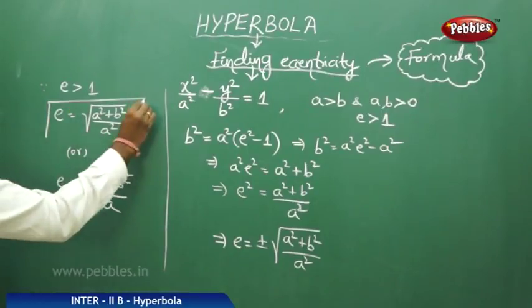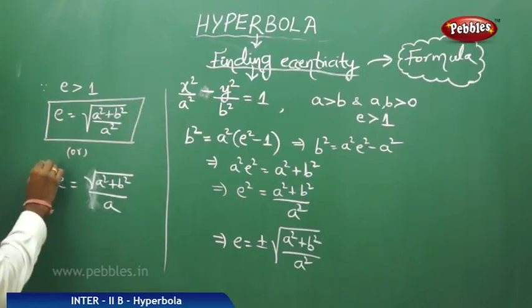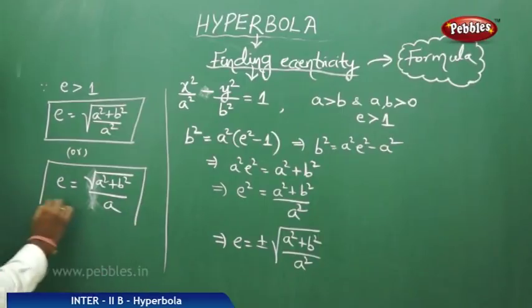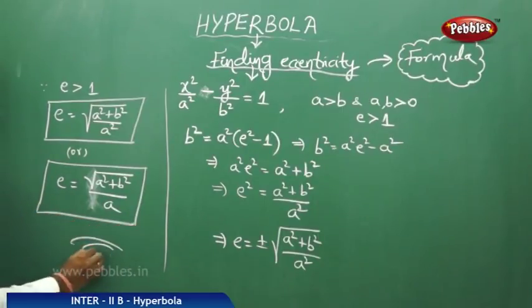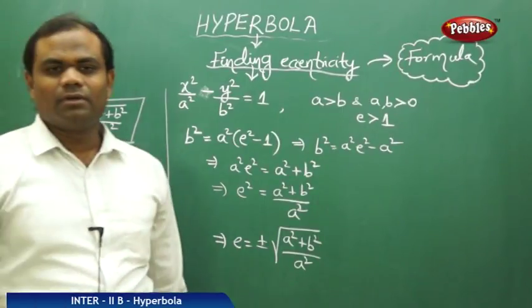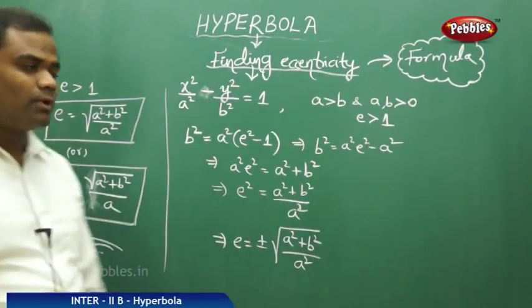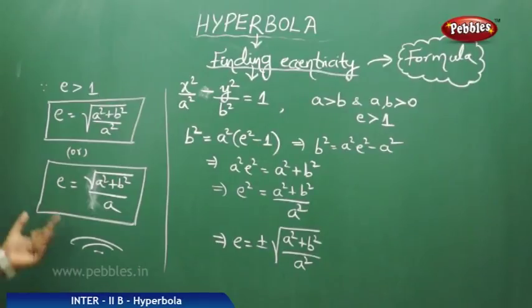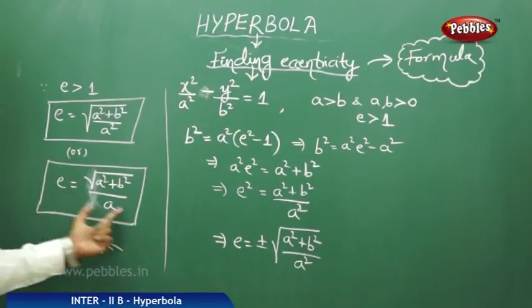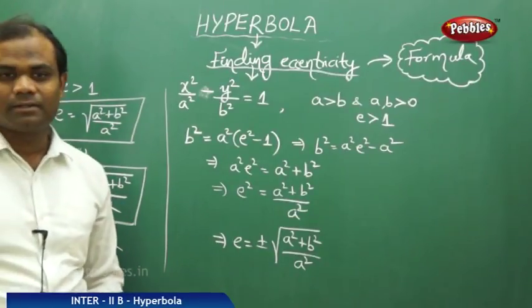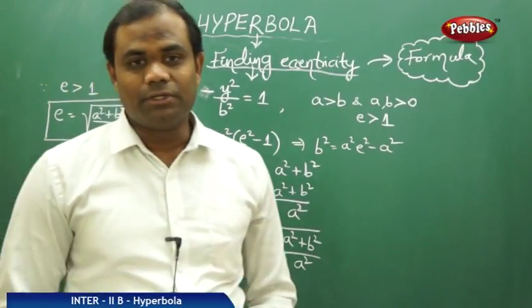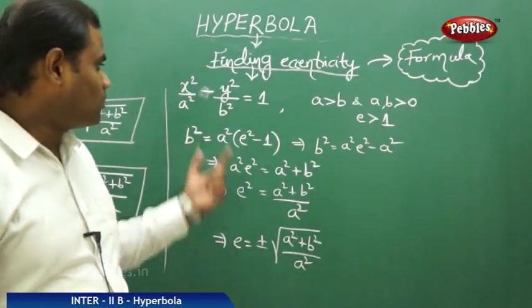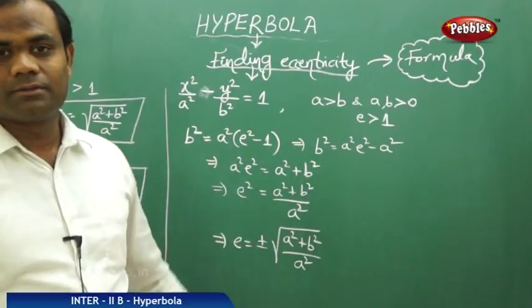Therefore, the eccentricity of the hyperbola is given by root of a square plus b square by a square, or root of a square plus b square whole over a. That is the formula for eccentricity using the standard form of hyperbola.